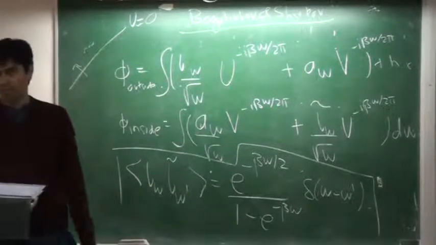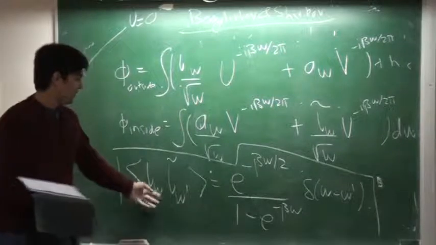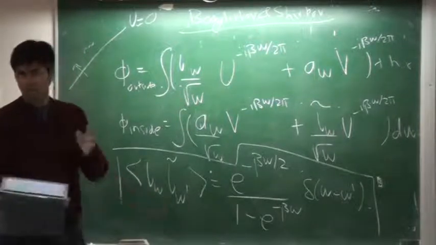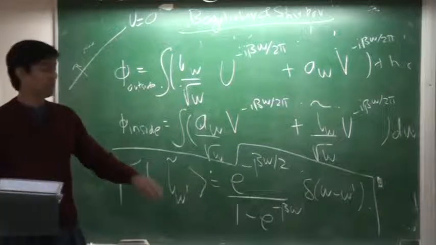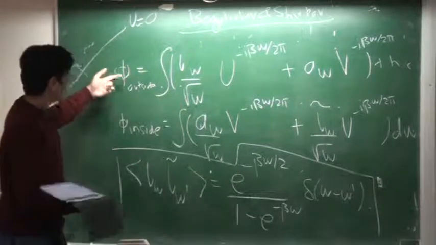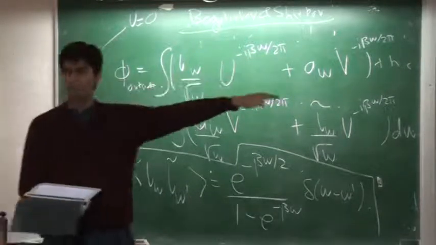I'm not deriving that this is what you need, but I'm going to check that if you impose this and look at the correlation function of outside and inside, you will get that.